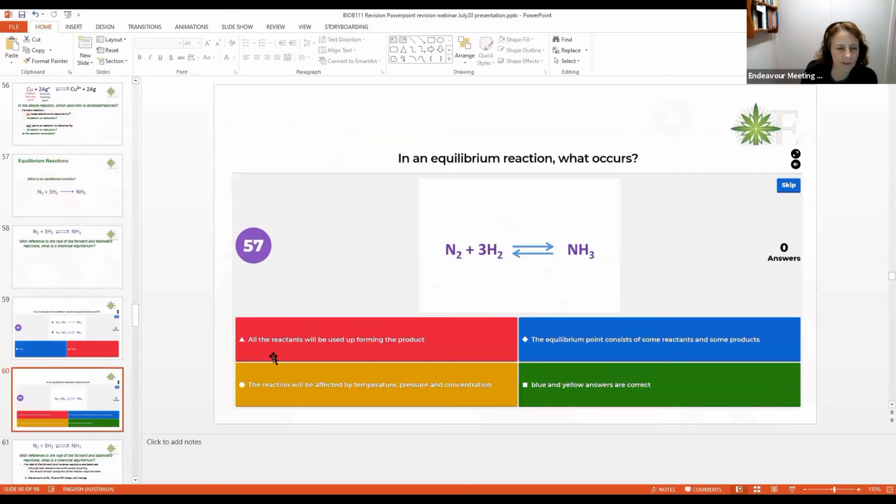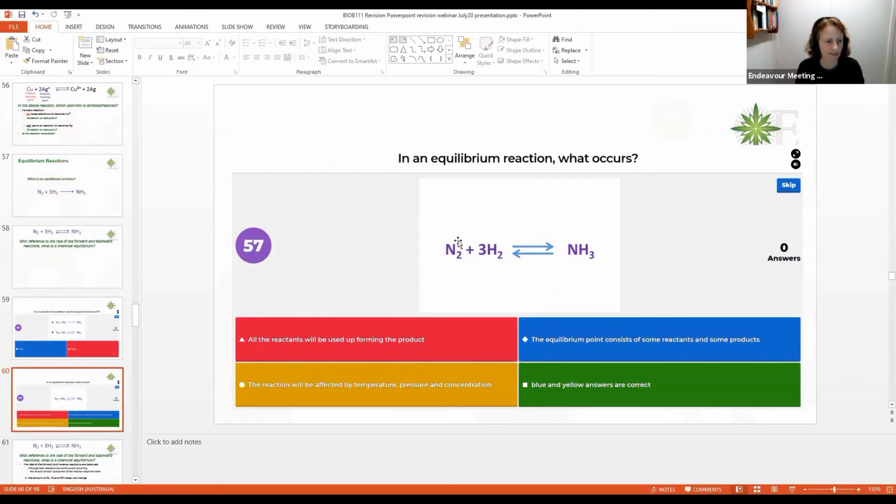So one of you said this one, all the reactants will be used up forming the product. So basically, if all of the reactants were used up forming the product, that would be a reaction that's only going in one direction. When there's an equilibrium occurring, not all of the reactants form products. So you'll get some reactants in the mix and some products, but not all of one and none of the other.